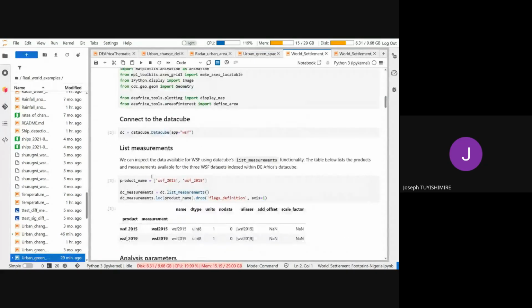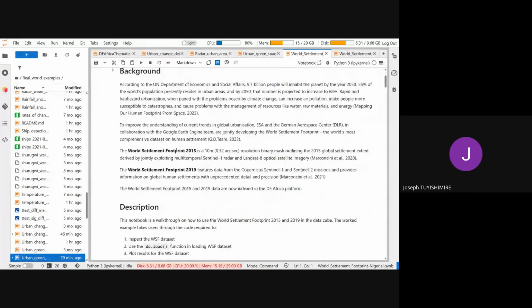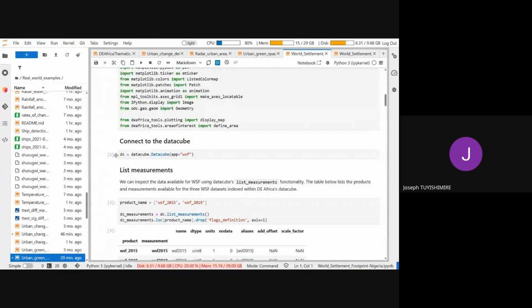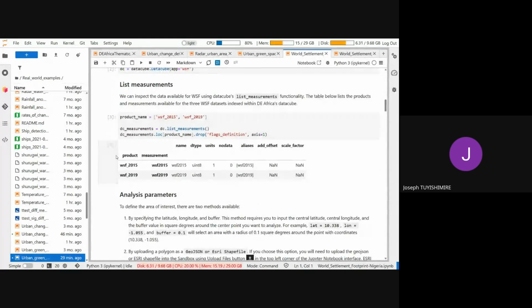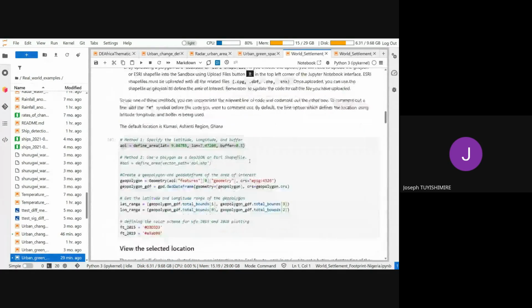Once again, we can also try to understand the World Settlement Footprint. As I said, those are global data sets, with one set from 2015 and another from 2019. It's a way to try to understand the trend of urban areas over time. We loaded them in our database.